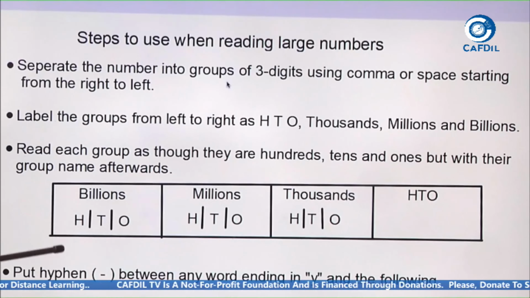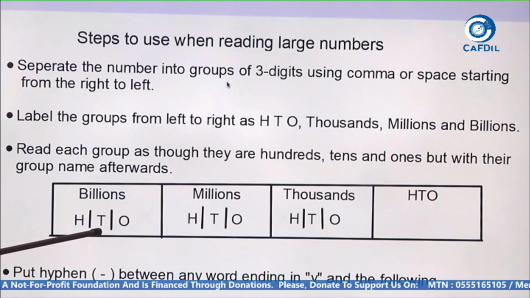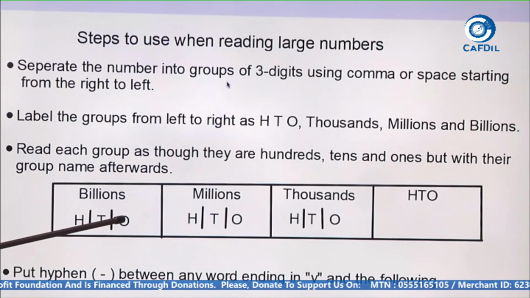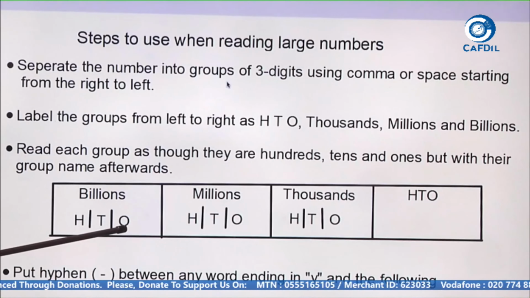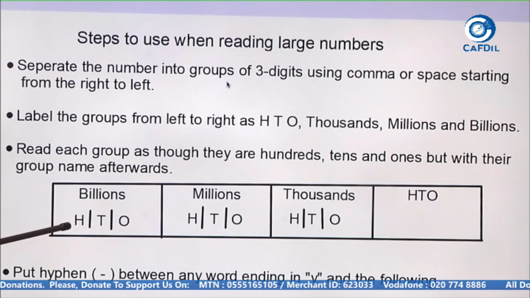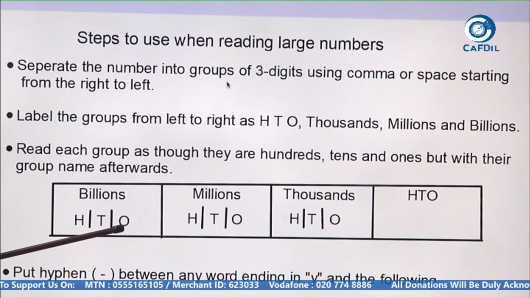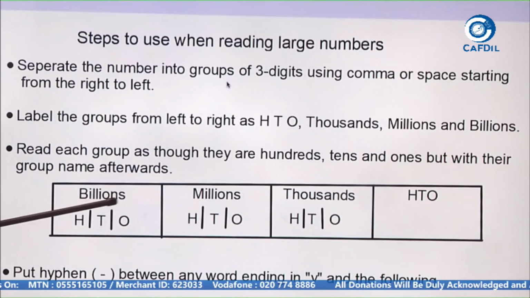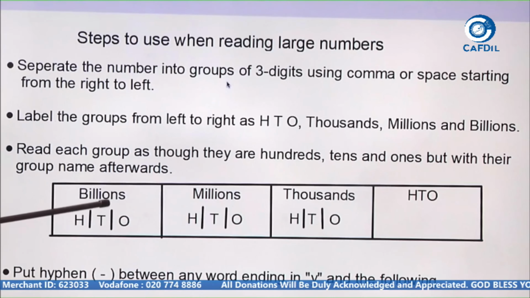So assuming we have 3 under the hundreds, 4 under the tens, and 1 under the ones. It will be read as 341 with a group name. What is it? Billions. So 341 billion.